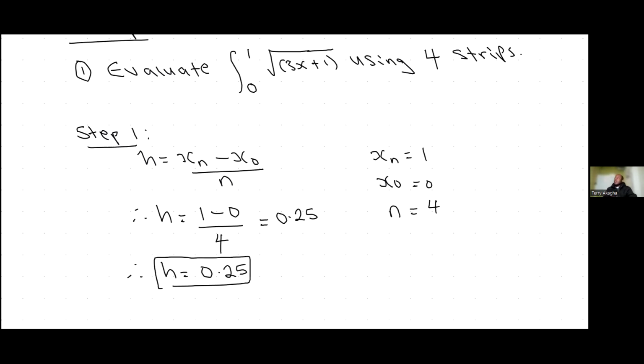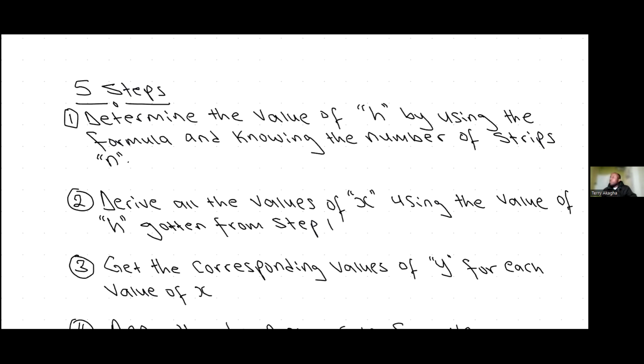Now let's go to step 2. What does step 2 say? It says that we have to derive all the values for x, using the value of h gotten from step 1. So let's derive that.